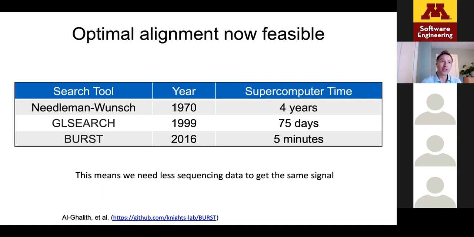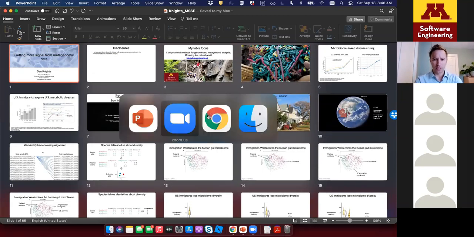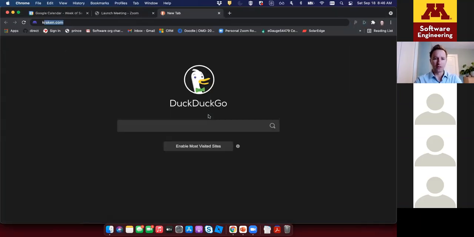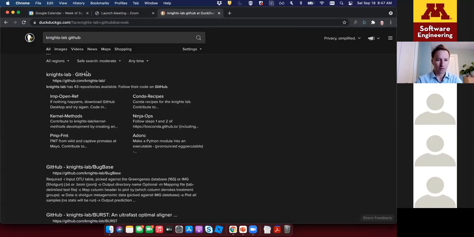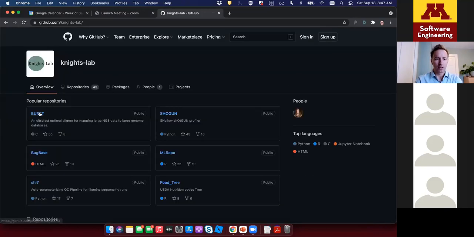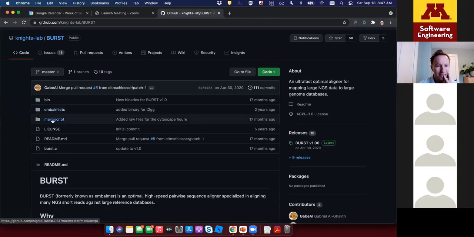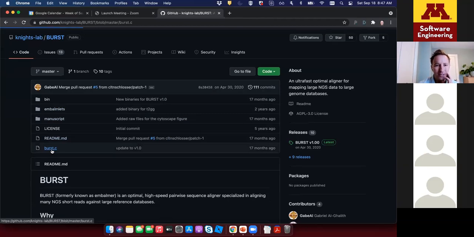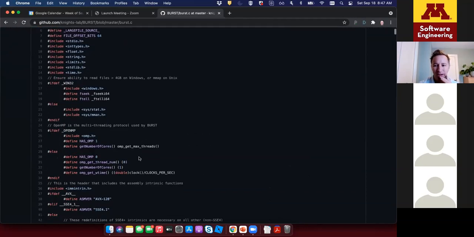I mean, it might be worth looking at this. He went in, and it's all in a single self-contained C file, and he just optimized the crap out of this.